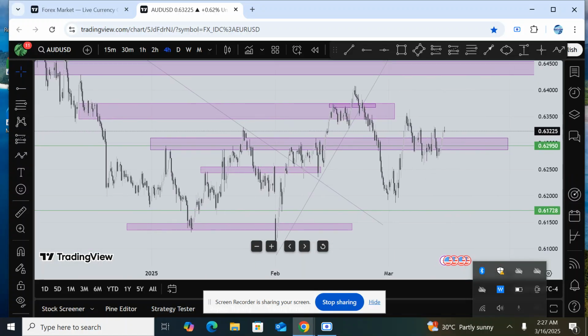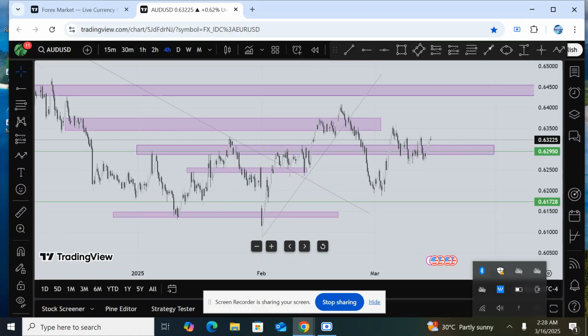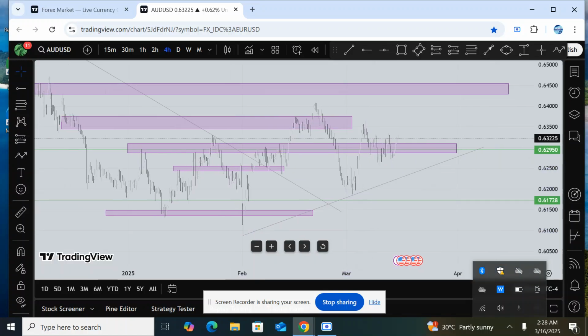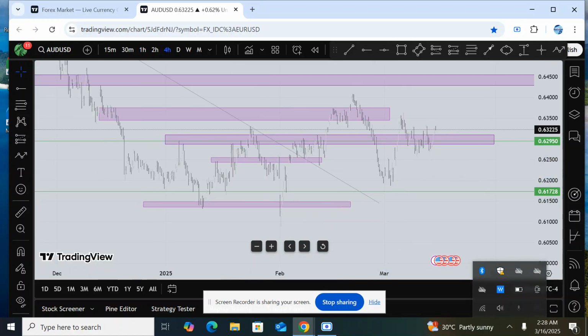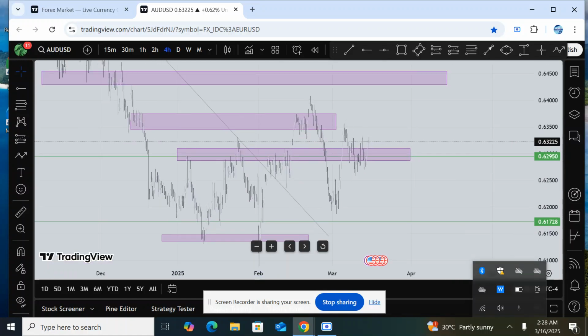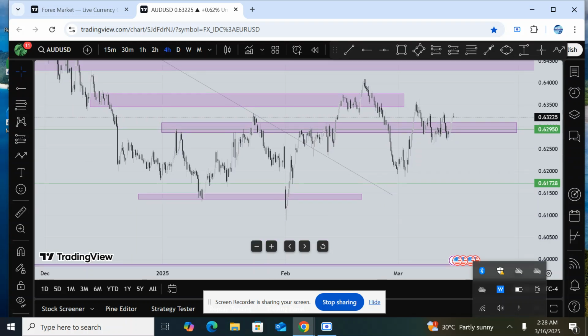For now, what I'm seeing in AUD USD is not really giving me that vibe. So for now, I'm going to sit on my hands for AUD USD.